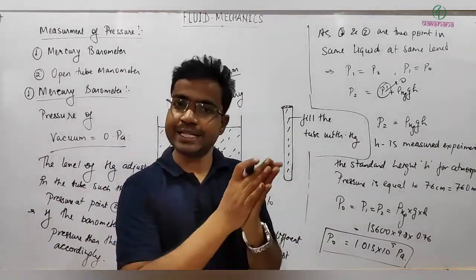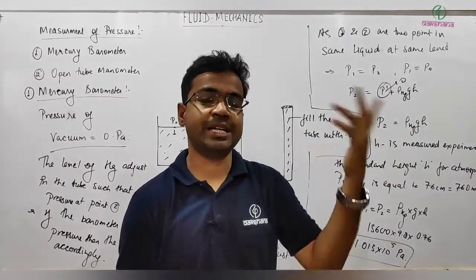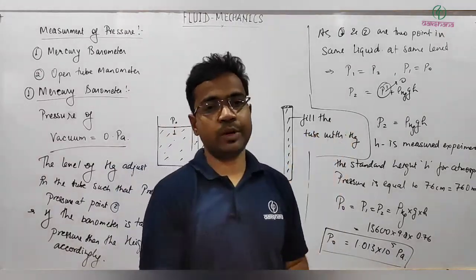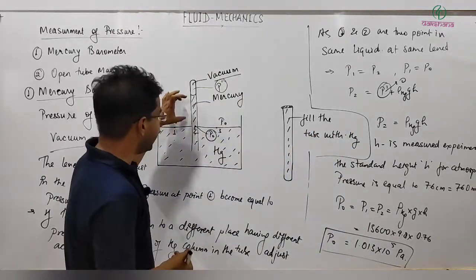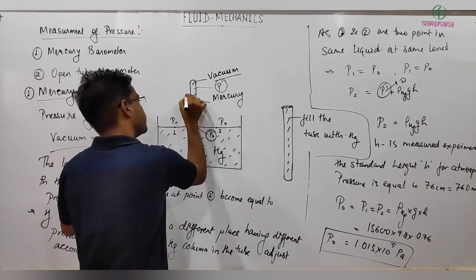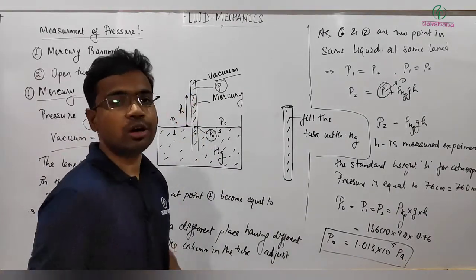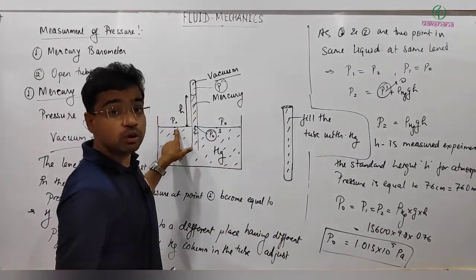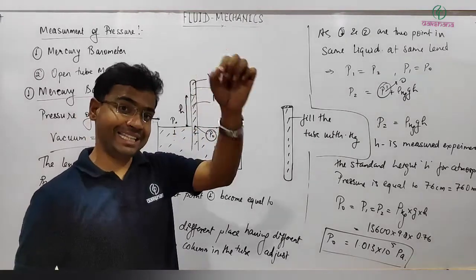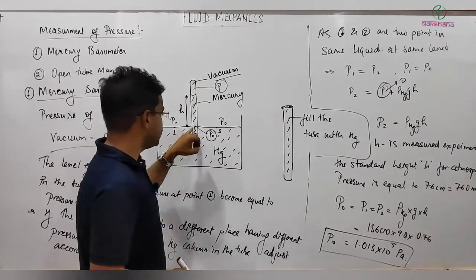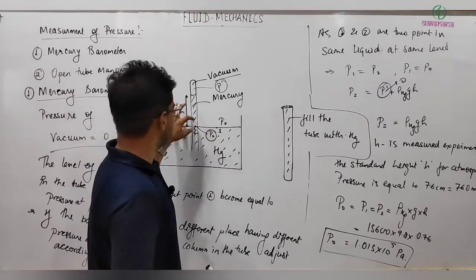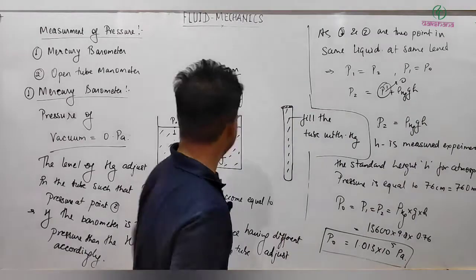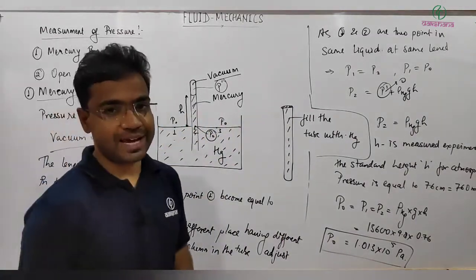If you want to measure the pressure at a different point using the same setup, you can carry it up to that point, and automatically the height of the mercury column in the tube will adjust such that the pressure at 2 will be equal to the atmospheric pressure at that point, and pressure at 2 will be equal to rho G into H. So this is called a mercury barometer.